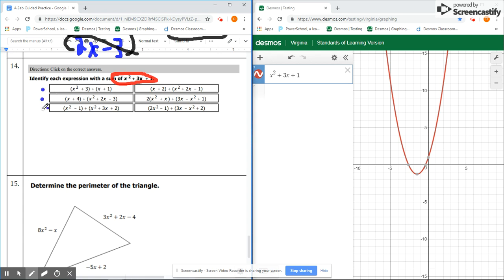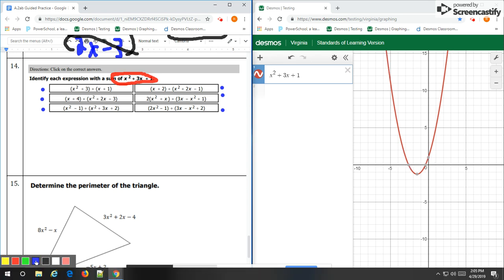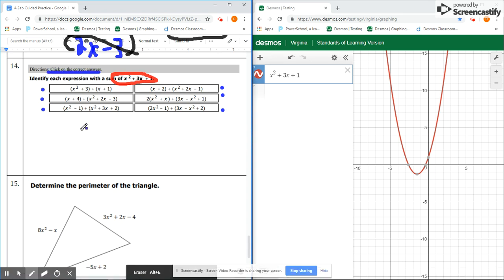So you should type in all 6 of these, and whichever one is exactly the same as this curve, that will be the answer. Okay. And notice the directions say click on the correct answer, so it could be more than one. Okay, so type in all these and see which ones you get.